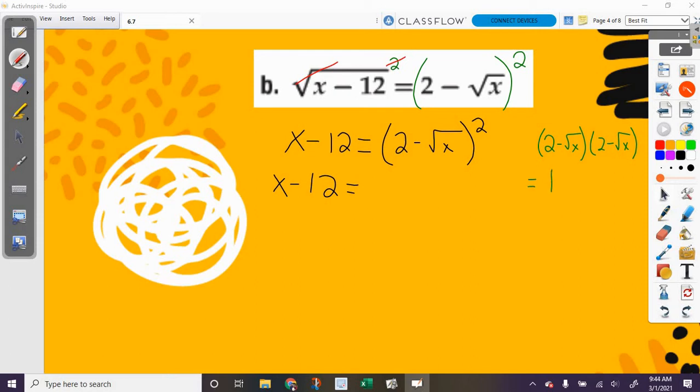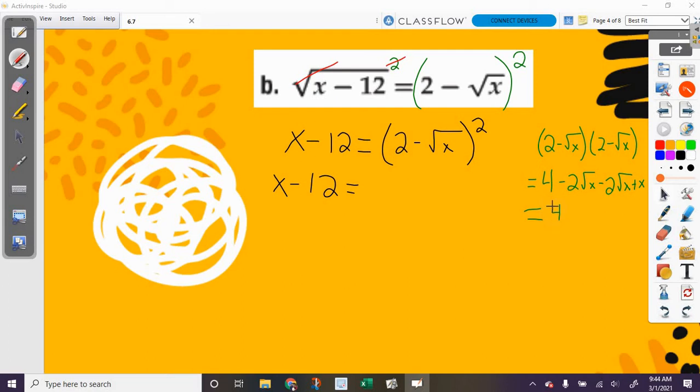So 2 times 2 gives me 4. 2 times a negative square root of x is negative 2 square root of x. Then we have a negative square root of x times 2, which is another negative 2 square root of x. And then we have a negative square root of x times a negative square root of x, which gives us a positive x.